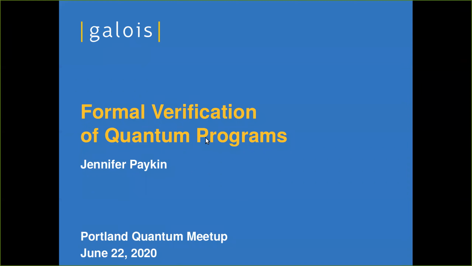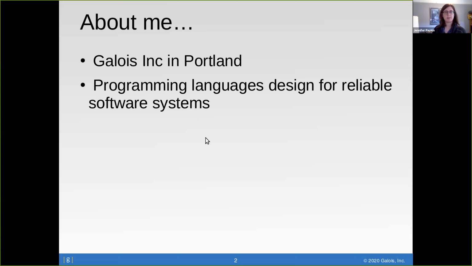I want to start off by saying a little bit about me. Like I said, I work at Galois, which is a company in Portland, and essentially what we do is research and development for government and industry clients.